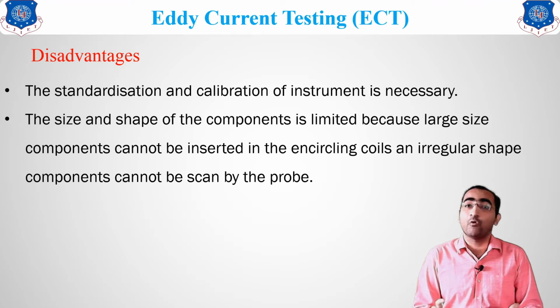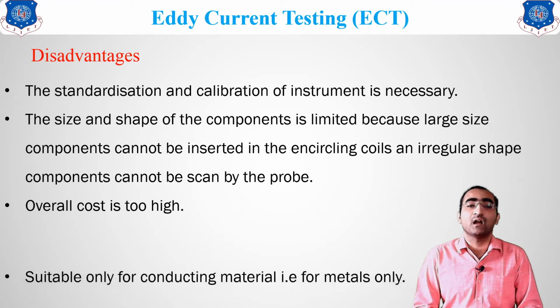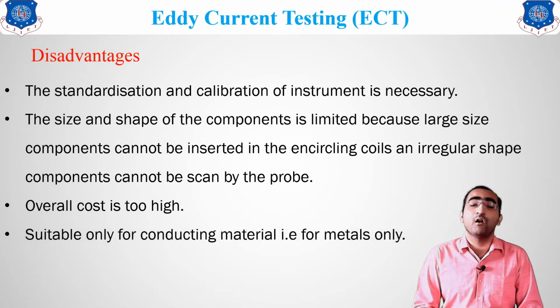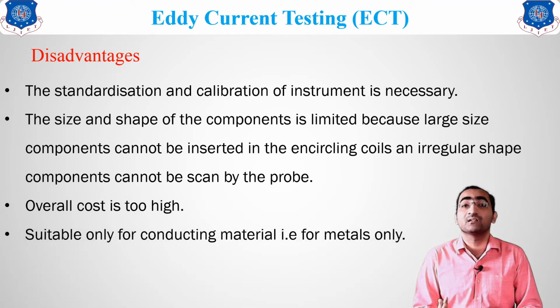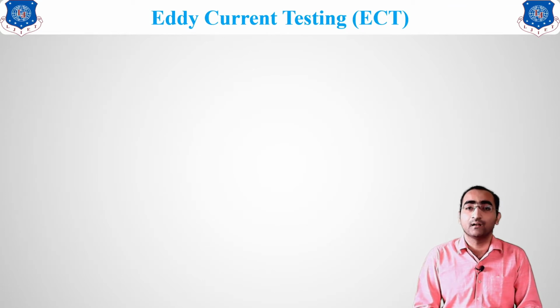Because if you cannot fit the component inside the coil or take the probe to that surface, you cannot detect defects. The overall cost of the method is very high, and it is suitable only for conducting materials. That means polymers or ceramics we cannot test with eddy current testing. Clear? An external power source is always required during the whole process.